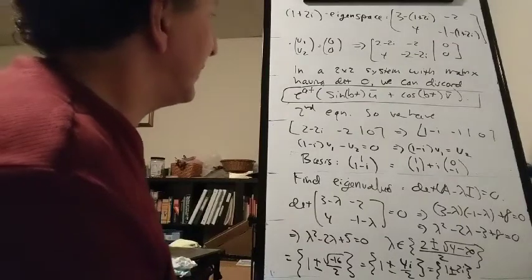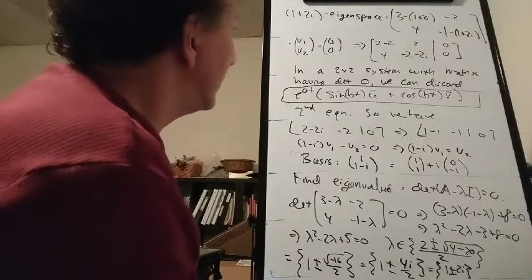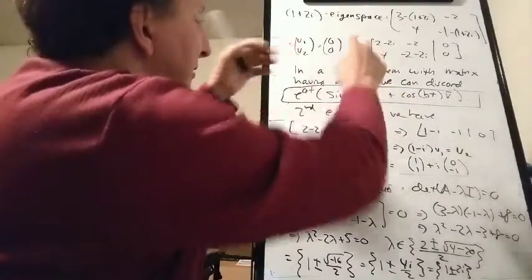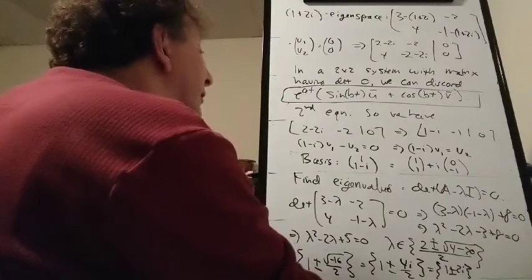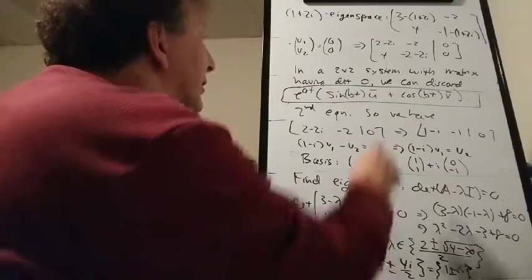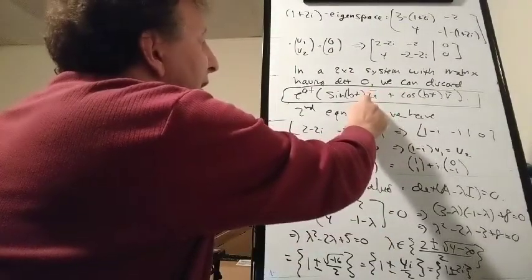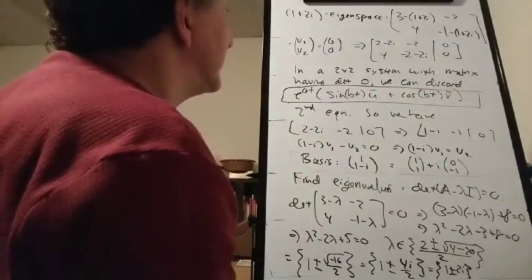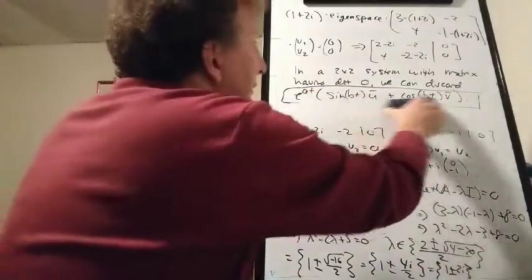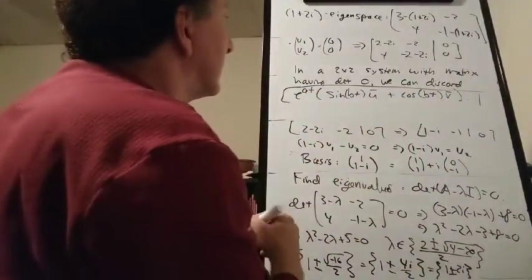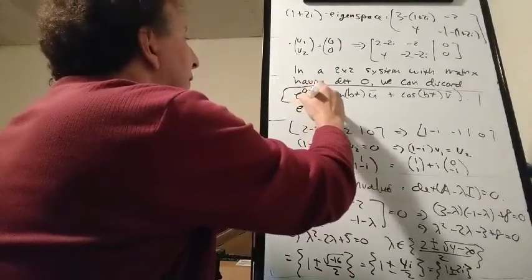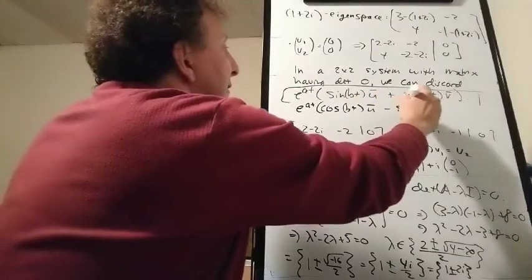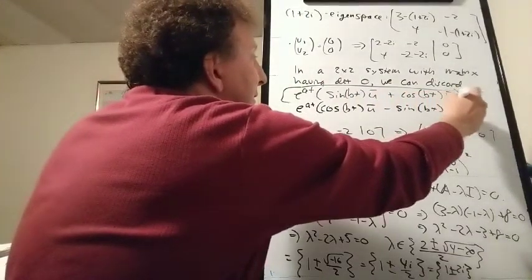Oh, and I erased half of the formula. Well, this is the second half and I erased the first half. But the first half is the same, with cosine going with the real part of the eigenvector and sine going with the imaginary part, and the sine is going to have a minus sign in front of it. Let me put that back: cosine bt u minus sine bt v.